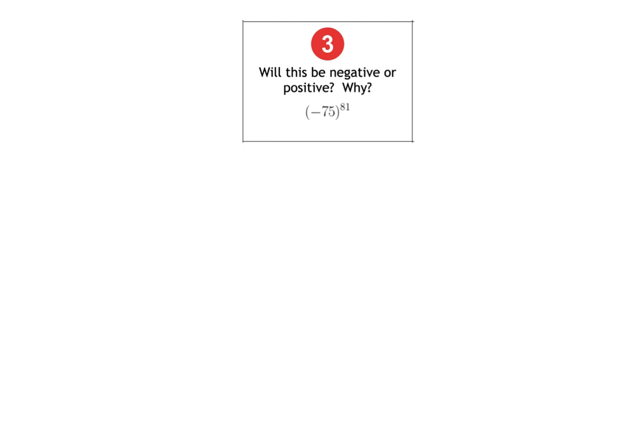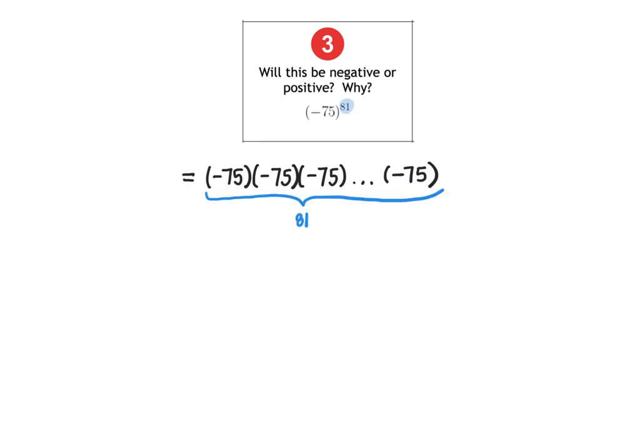This question asks whether this power will wind up being a positive or a negative answer. We know that if we have negative 75 repeatedly multiplied, whether the result is positive or negative will depend on whether that power, or the exponent, 81, is an even or an odd number.